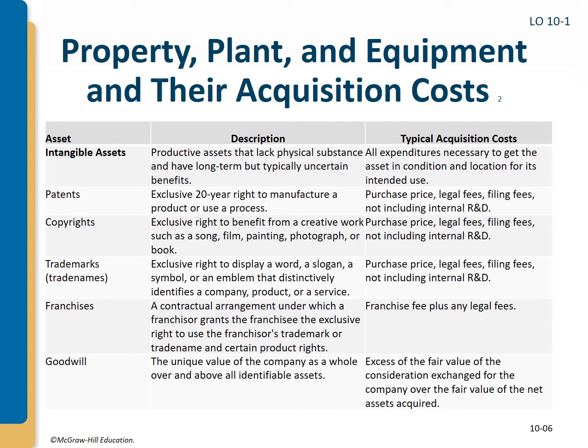All the other McDonald's in the world are owned by franchisees. So these are individual companies aside from McDonald's or individuals who have paid McDonald's, the franchisor, for the right to use McDonald's trademark, trade name, and products. So the franchise fee plus any legal fees are included in the cost of the franchise.